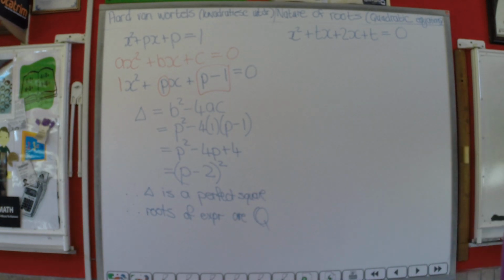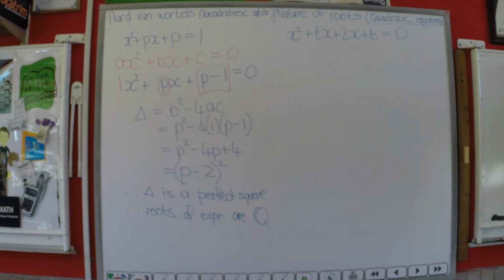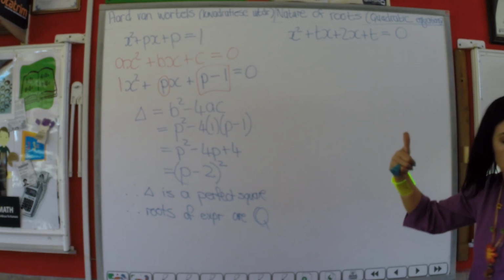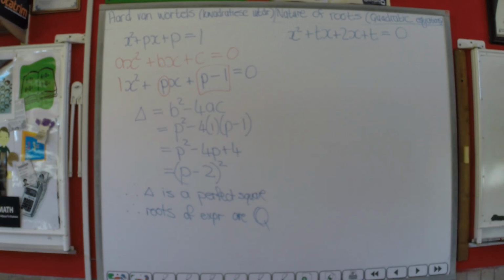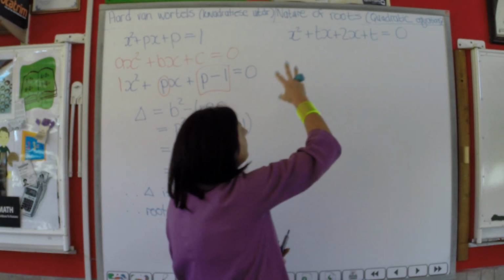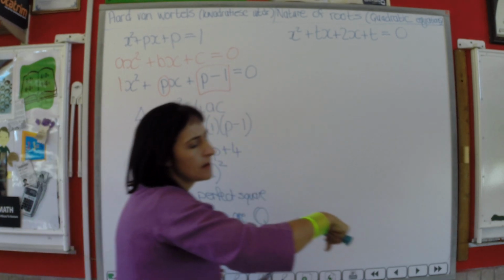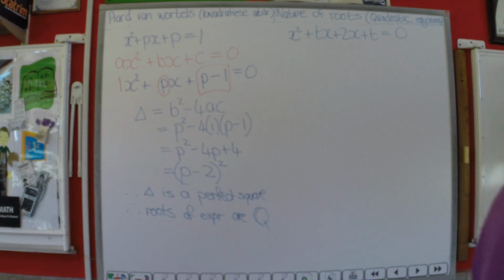Die vraag by hierdie ouetjie is, show that the roots of that equation are real and unequal for all real values of t. Bewys dat hierdie kwadratiese uitdrukking se wortels reëel en ongelyk is vir alle reële waardes van t.